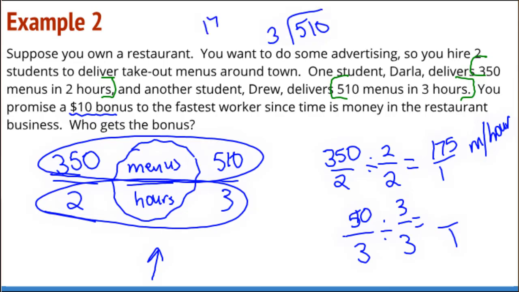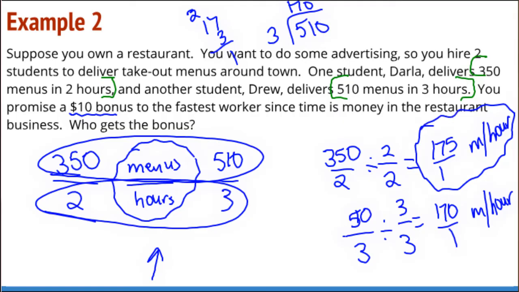Pretty sure it's 17, 17 times 3, 170 menus per hour. I would find that Darla has actually delivered the menus at a faster rate. She's delivering 175 menus per hour, where Drew is only delivering 170 menus per hour. So Darla is faster by 5 menus per hour.